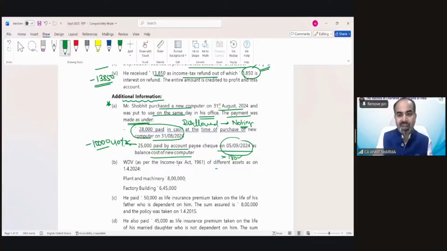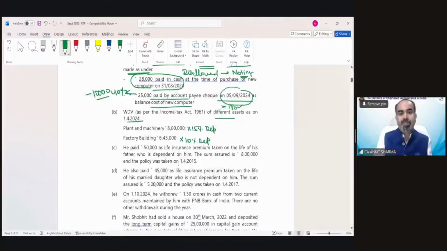WDV of different assets as on 1st April 24: plant and machinery value has been given as 8 lakh. We can claim 50% depreciation on it. Factory building, we can claim 10% depreciation on it. He paid 50,000 as life insurance premium taken on the life of his father who is dependent.